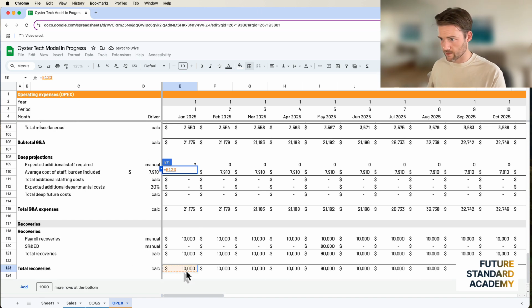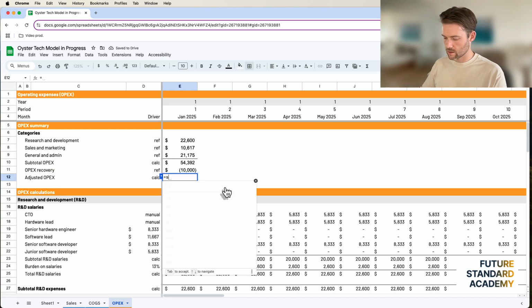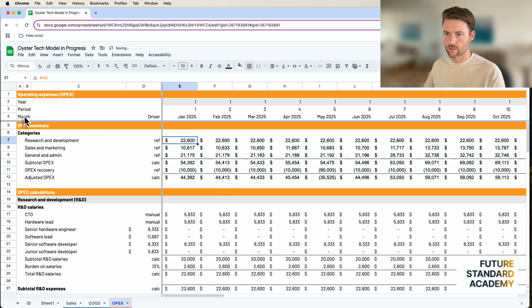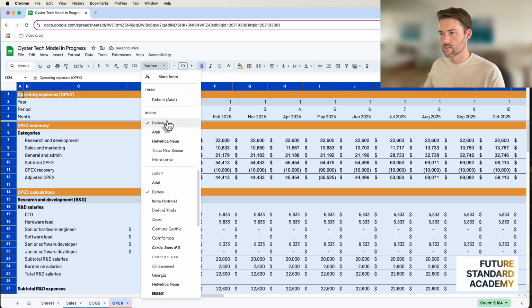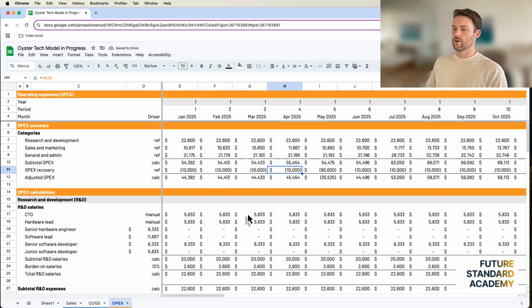This OPEX recovery has got to come in at a negative value because it's offsetting the costs. Okay, sure that's all right. Okay, cool.